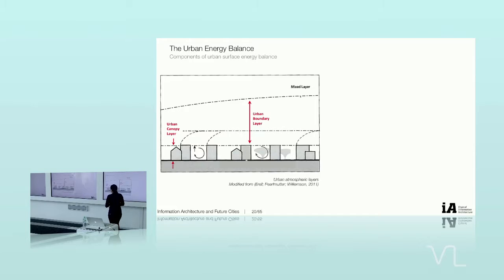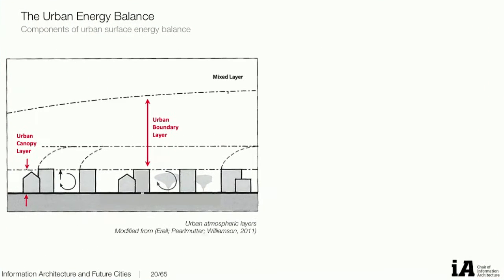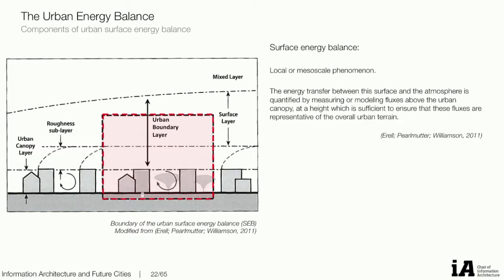And then also to understand a little bit more about this energy exchange, we have to know at which scale we are. So again, we see the different layers, and we see that the surface energy balance occurs in the mesoscale.